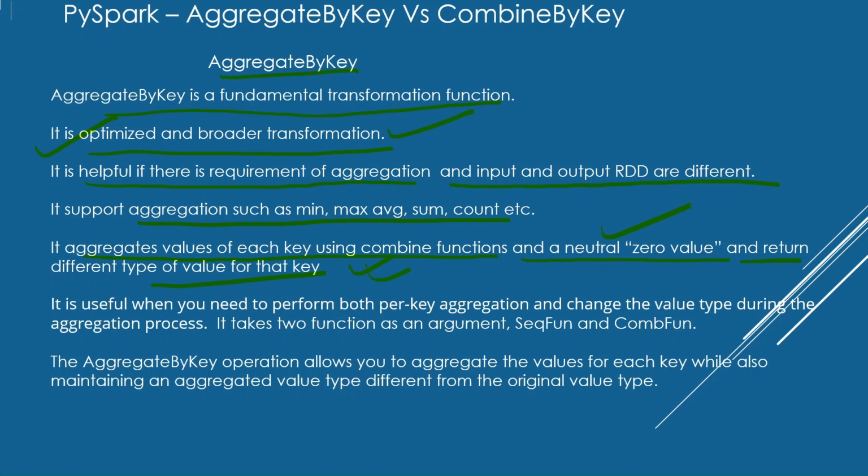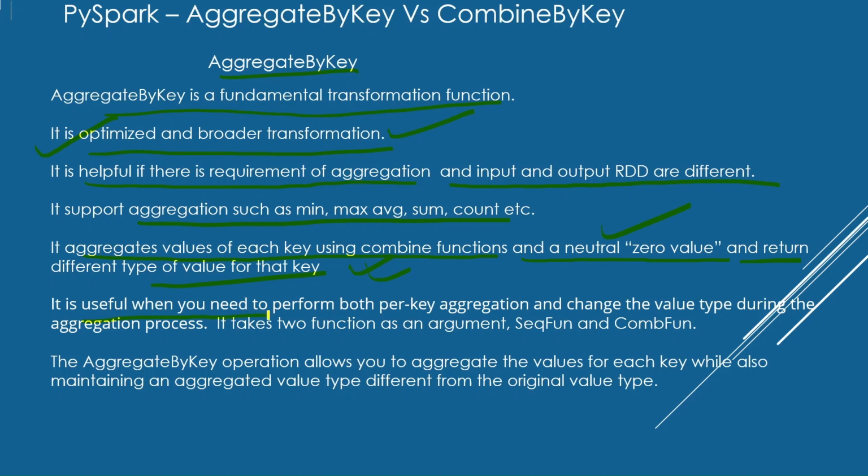When the aggregation is completed and the data is returned, maybe the data is of a different type than the data we processed, which was initially in the form of key and value pairs in the pair RDD on which we used the aggregate by key function.